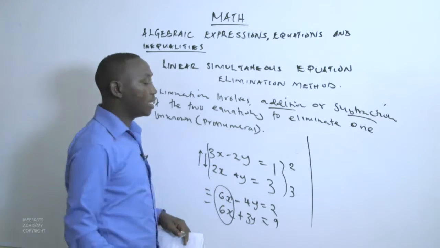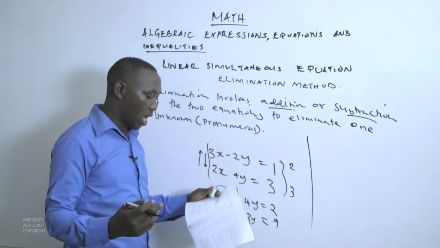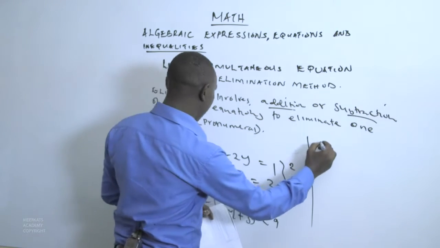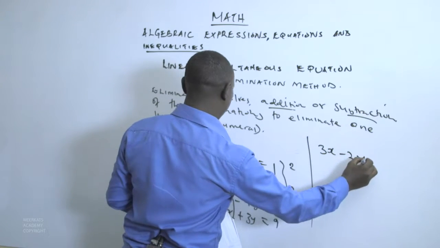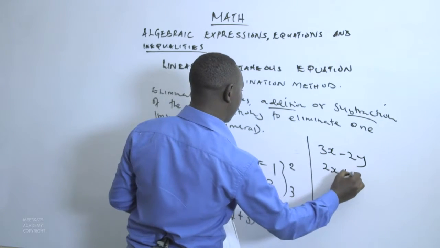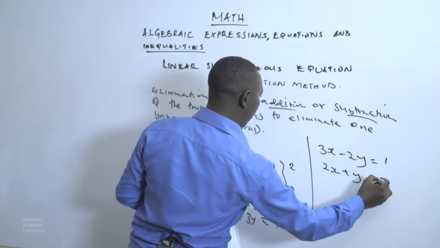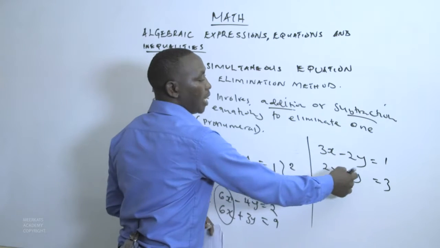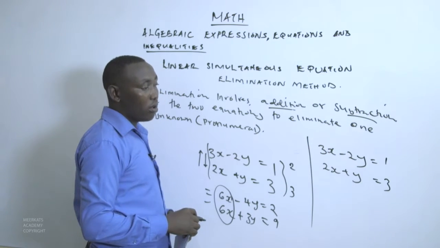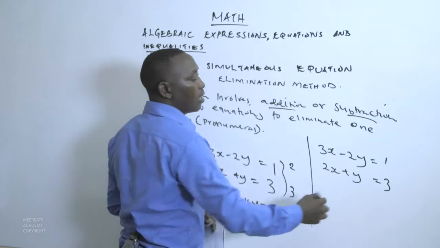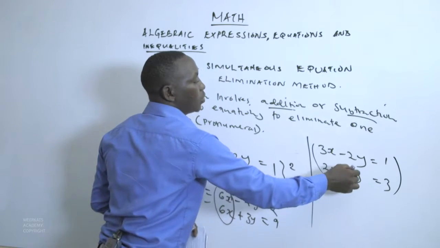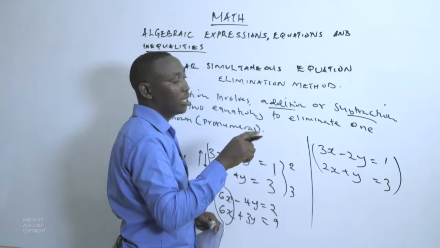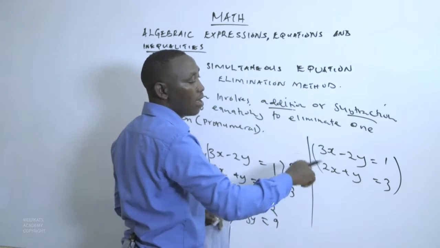What if you wanted to eliminate the other part, the part with y? Using the same 3x minus 2y is equal to 1, 2x plus y is equal to 3. If you wanted to eliminate the pronumeral y, then again we need to reverse the coefficients, the values of y in the two equations, and multiply our equations.